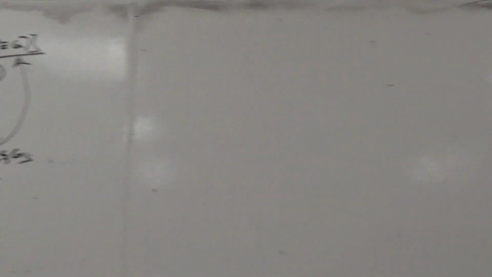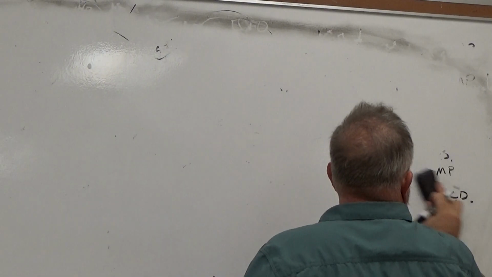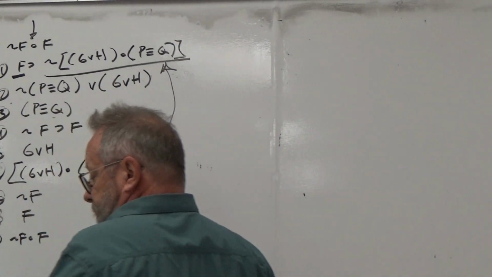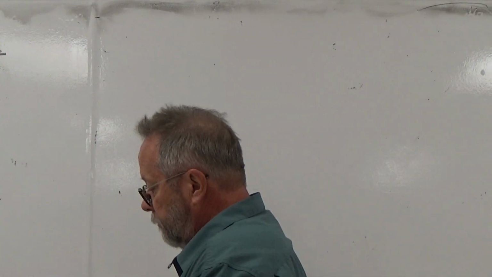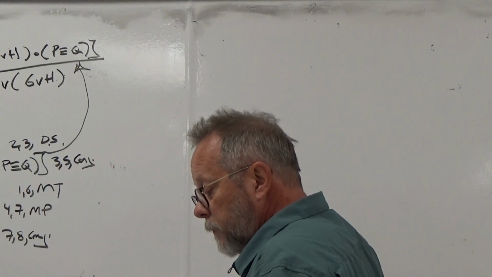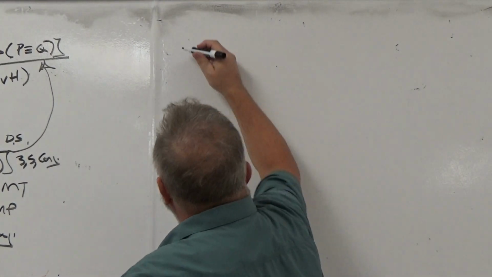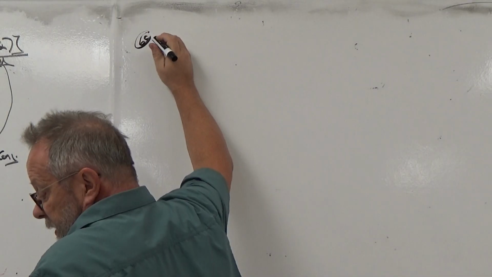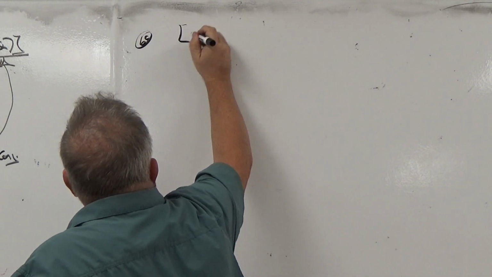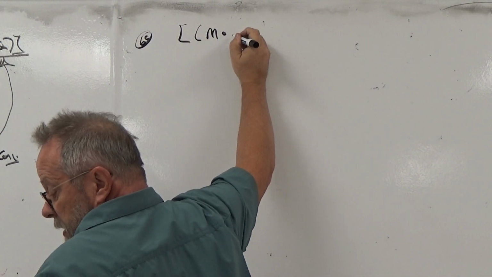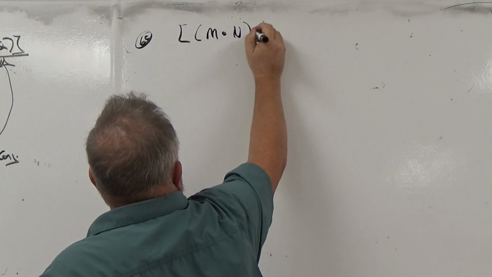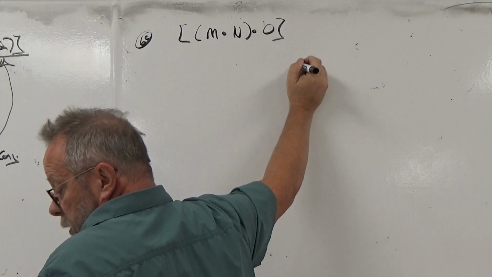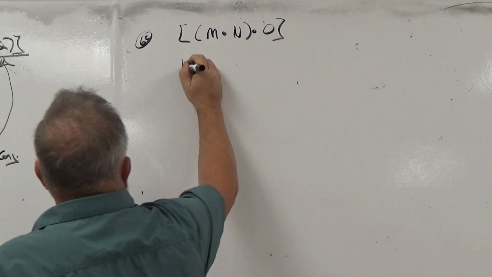Okay, just a few more to go. We have to get M and N and O. And what do we have to work with?